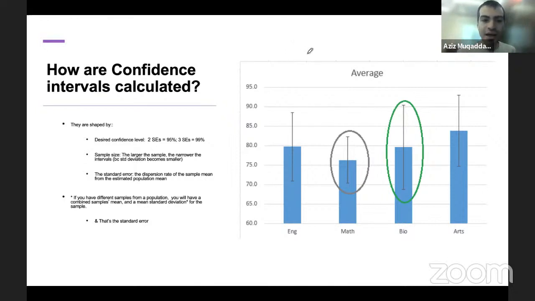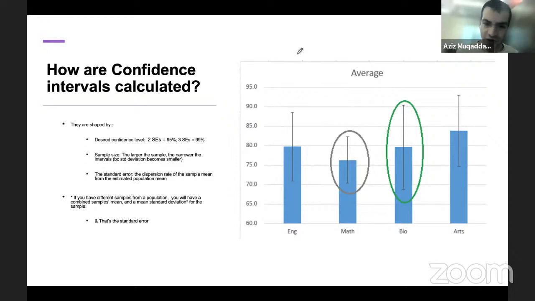And the standard error is how the sample mean is estimated to deviate from the population mean, right? So if you have different samples from one population, how is your group's average score different from the population's average score, how far is it?